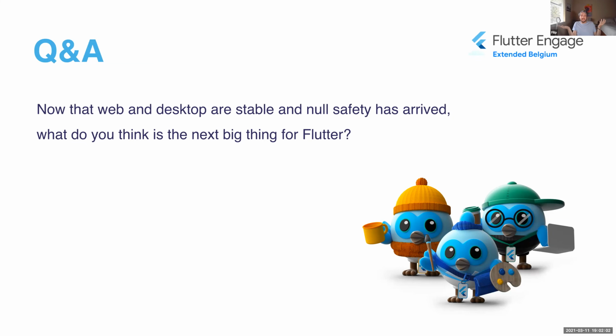You probably don't even notice that there's a new thing. It's just like, oh, well, that just worked, and that's it. So I hope that's the next big thing for Flutter.